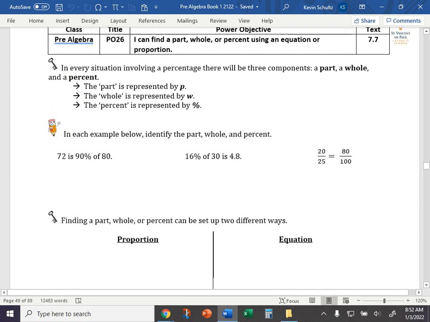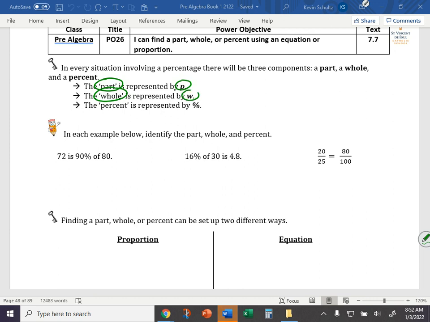The percent equation is going to have three pieces to it. It has what's called the part, represented by the variable p, because, part, right? Whole, which is not an H. Spelling is important here. It starts with a W, so we represent that with W for whole.